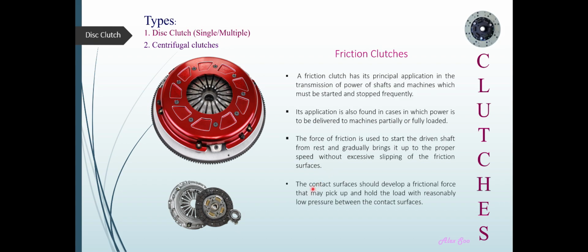Then the contact surfaces should develop a frictional force that may pick up and hold the load with reasonably low pressure between contact surfaces. Those are the main applications of clutch.